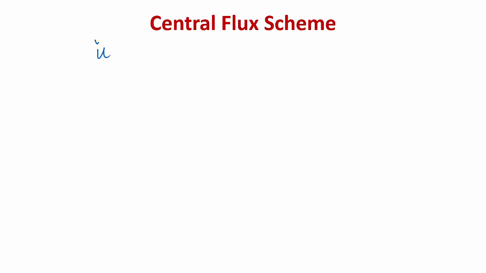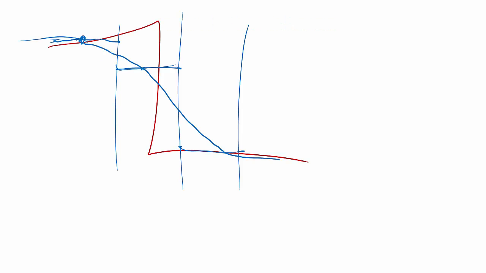All right. And I'm going to use a very simple example to illustrate how finite volume works. That is the central flux scheme. The central flux scheme is representing u tilde at i plus half as the average of u bar at i and u bar at i plus 1.